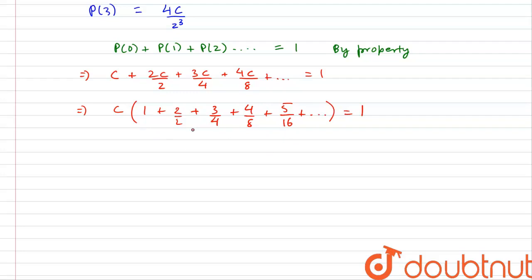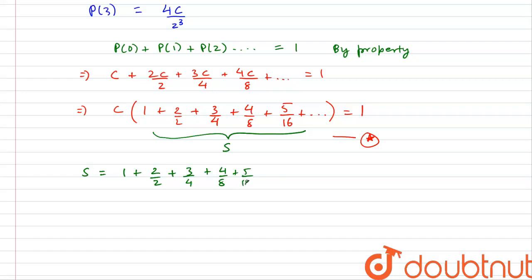Now let us call this part of the equation some constant S. S stands for sum. So let us call this S and we'll evaluate the value of S. Let us also call this equation number star; we'll use this later. So S, that is the sum, is equal to 1 plus 2 by 2 plus 3 by 4 plus 4 by 8 plus 5 by 16 and so on, all the way up to infinity.